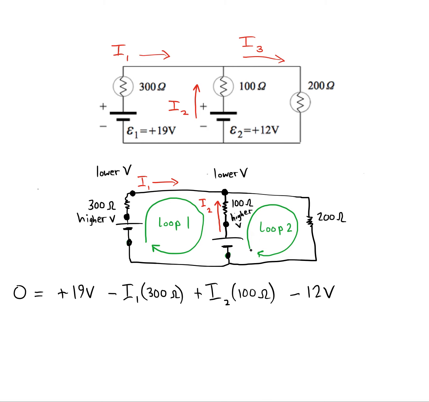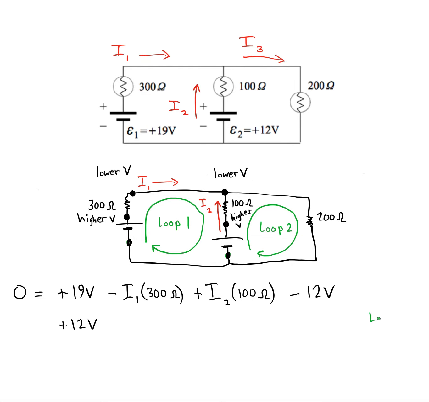So let's use our second loop, and we'll write a new equation. We start off here in the negative terminal of a battery. We're going to go through the normal way, so this is going to be an addition of 12 volts.